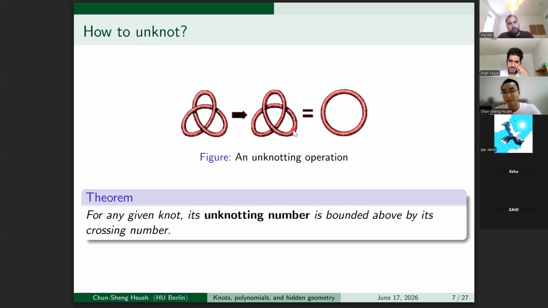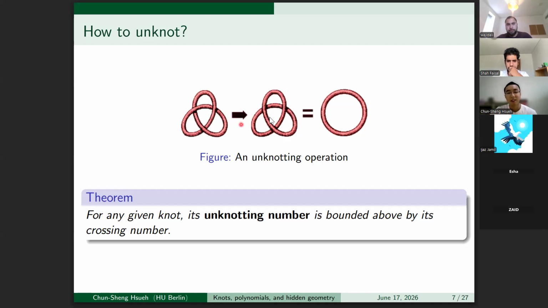It means that after doing it finitely many times, moving two strands of the knot through itself to get a new knot, you can eventually end up with the unknot. So if some operation allows you to reach the unknot, then it's an unknotting operation. So let me explain now why crossing change is an unknotting operation.